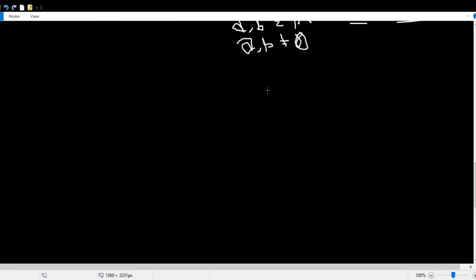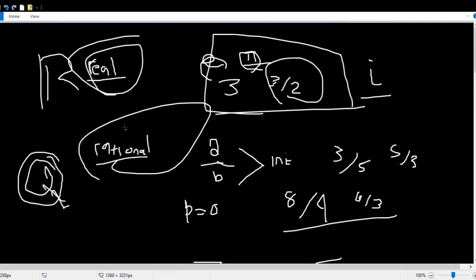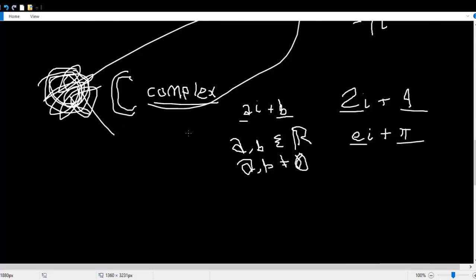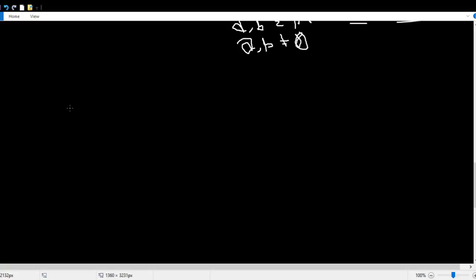And so when you're talking about all of these combined, you'll generally want to organize it as a hierarchy. Real is the most basic form of any value that isn't imaginary.